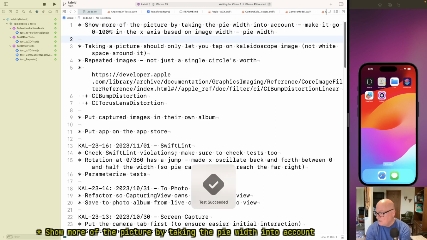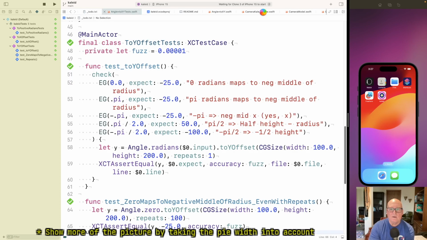Yeah, name of the album, number of pies. Well, we have a constant for that, number of oscillations. Oh man, I keep freezing up. Yet another clone opens instead of just using the one I already used.